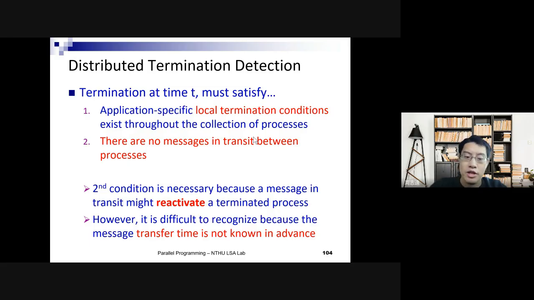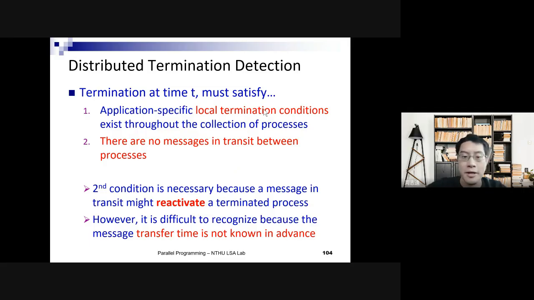Even for the centralized work pool, we introduced the pseudocode before. If you can recall, at that time we also had a variable named count, which tries to keep track of how many messages are being sent or how many clients are still active.